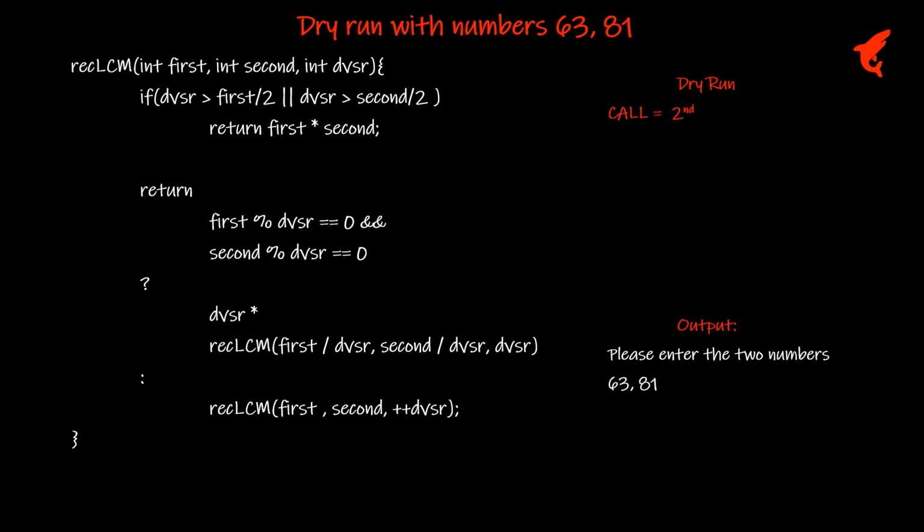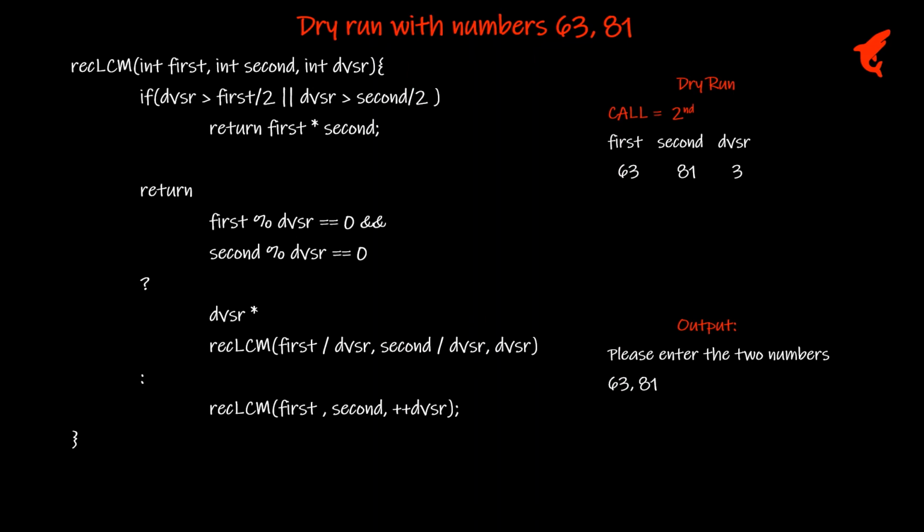So we are in the second call right now. First, second and DVSR parameters are initialized. They will have values 63, 81 and 3 this time, right? The base condition is checked, which is false, control goes to the conditional statement, right? The condition is checked. This time DVSR can completely divide the values of 63 and 81.